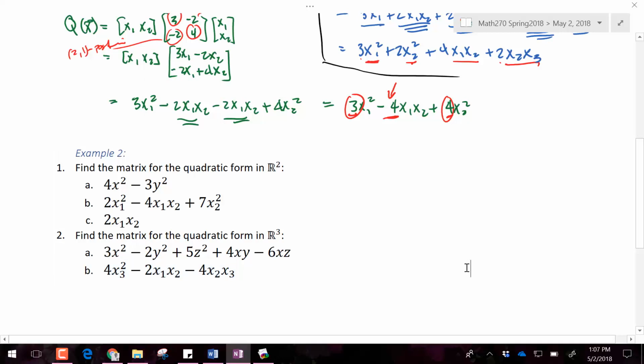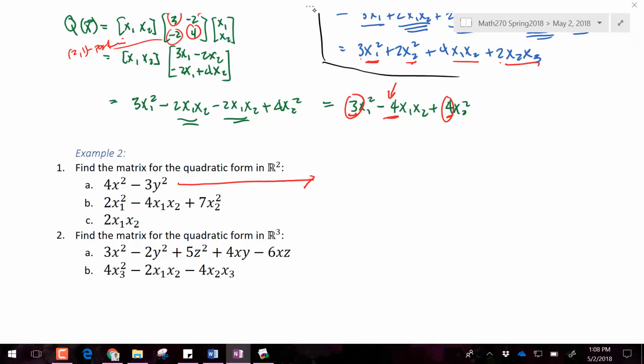Instead of x1, x2, let's be flexible to say x, y if we have to, or instead of x1, x2, x3 in 3 dimensions, let's be flexible to say x, y, z. And so let's take a look at this first one. We have a quadratic form, and let's see if we can translate this into a matrix.